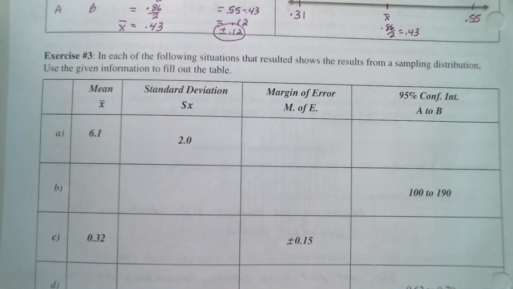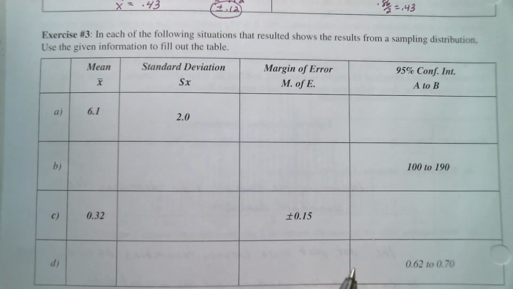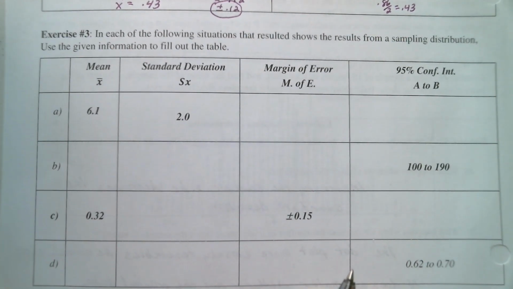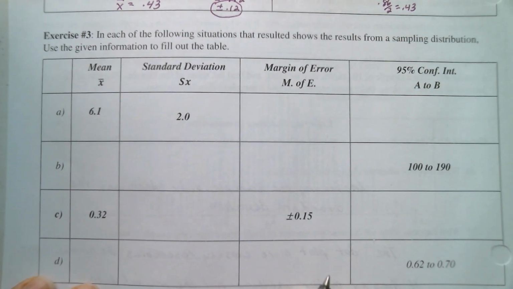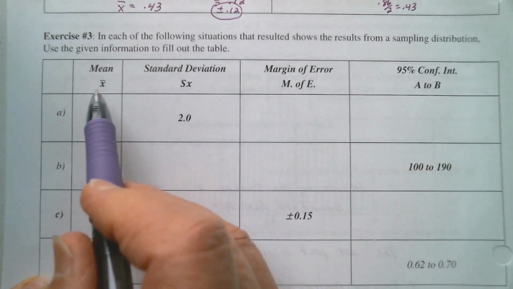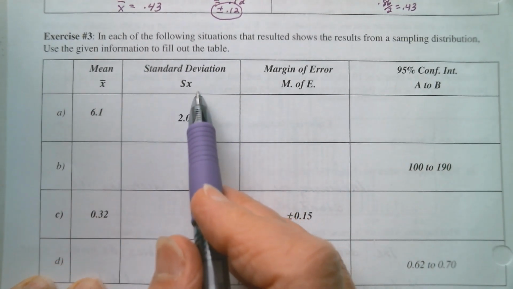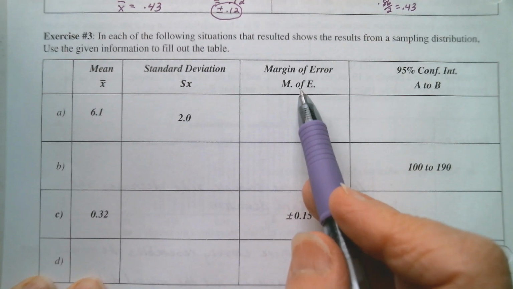Now exercise number 3. In each of the following situations, the table shows the results from a sampling distribution. Use the given information to fill out the table. So we have the mean, the standard deviation, the margin of error.